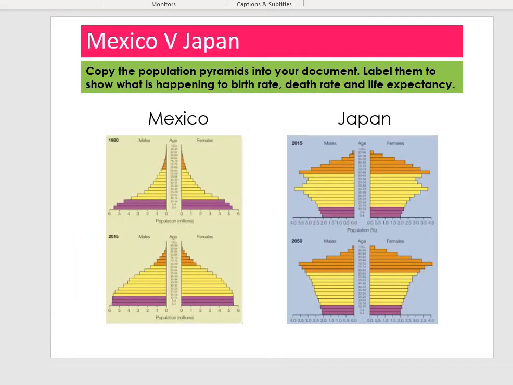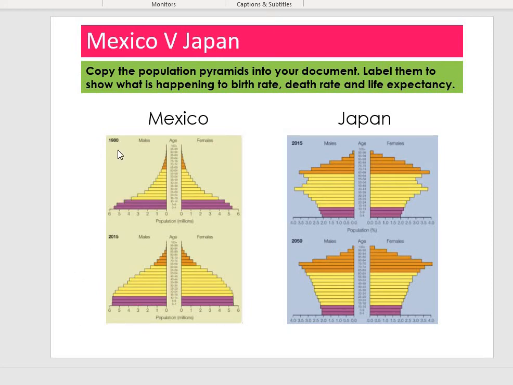Now here we've got population pyramids for two very different countries. We've got Mexico and we have got Japan, and they're at different times. So Mexico, we've got 1980 and 2015, and for Japan we have got 2015, and then we have got a prediction for 2050. And we can just see by looking at these population pyramids what problems these countries have got.